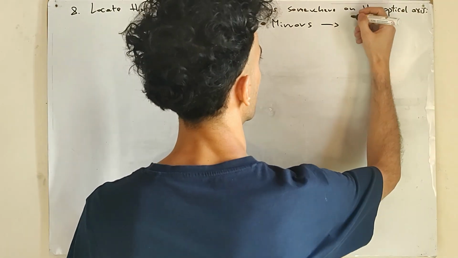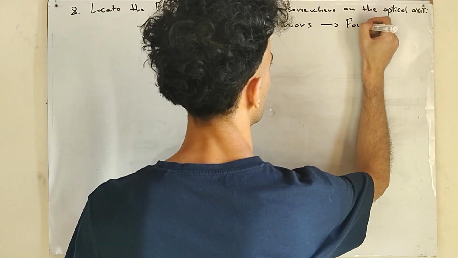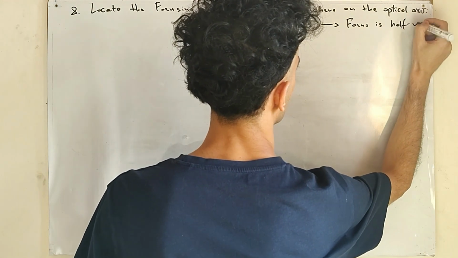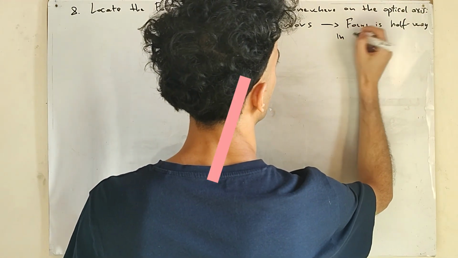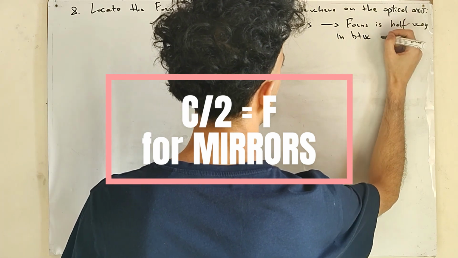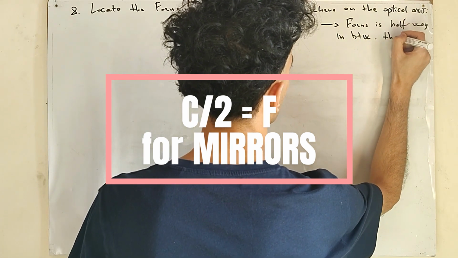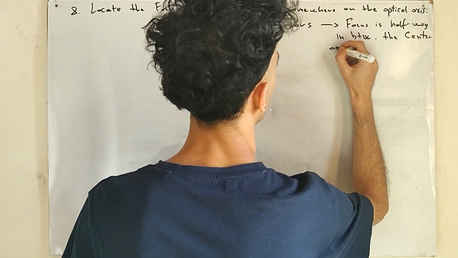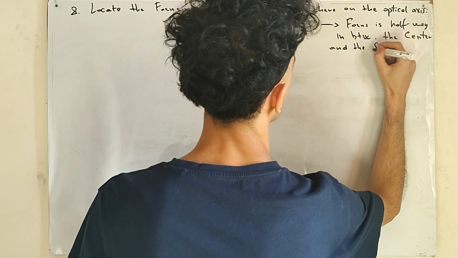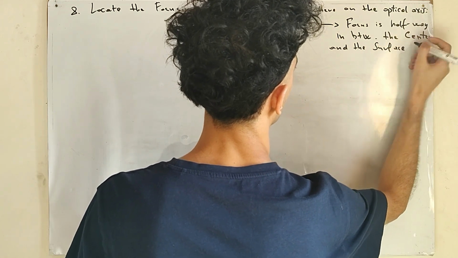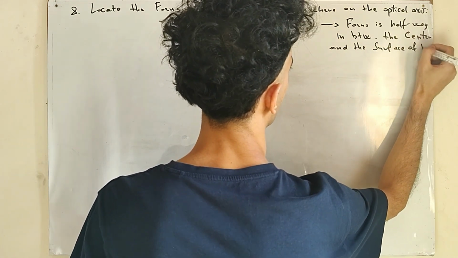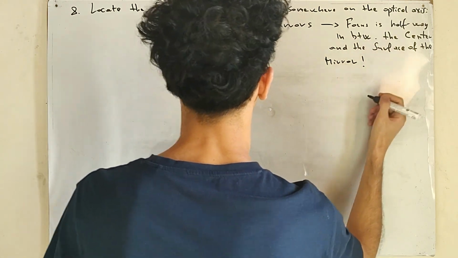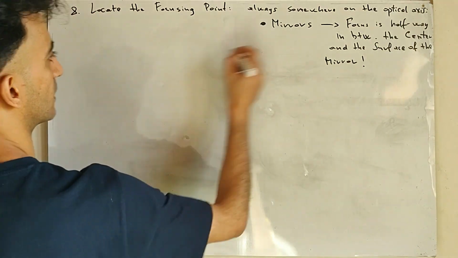So for all mirrors, the focus is halfway in between the center and the surface of the mirror. Okay? So what does that look like? It looks like this.